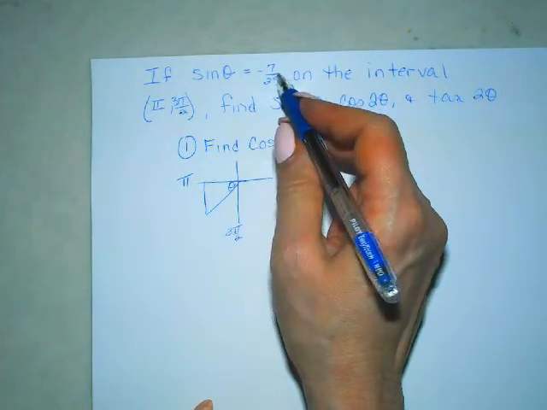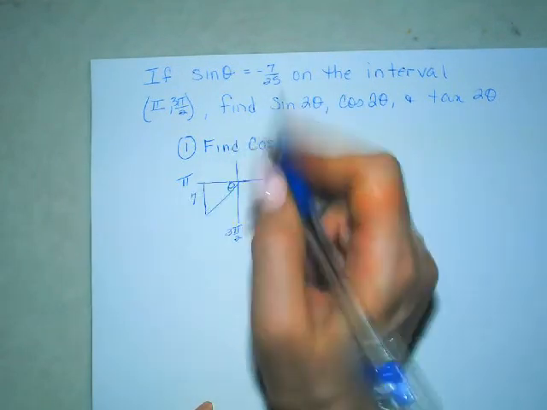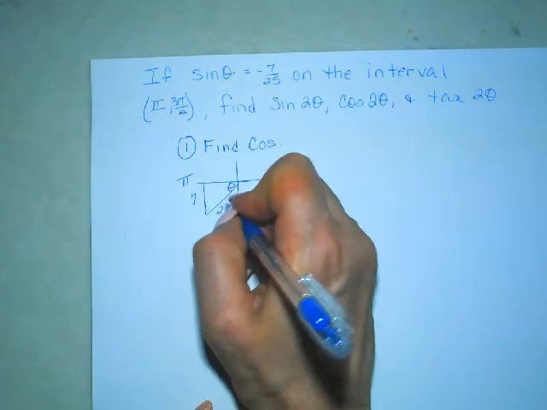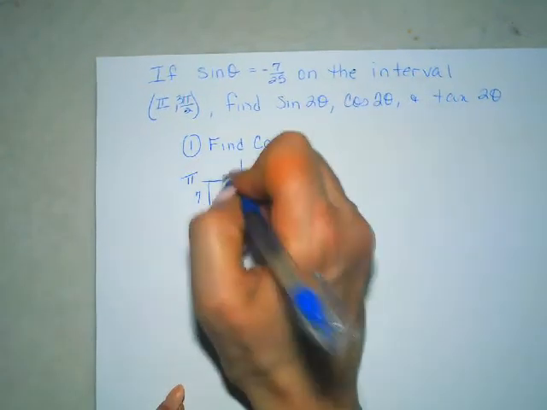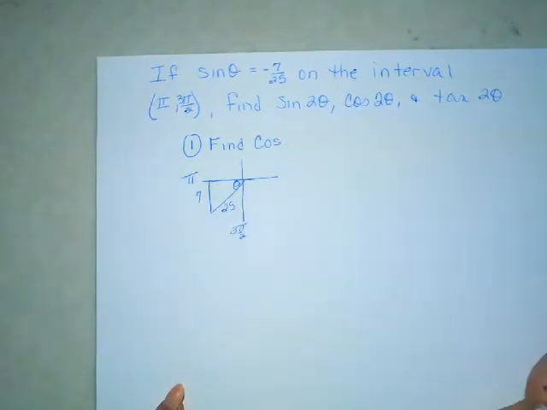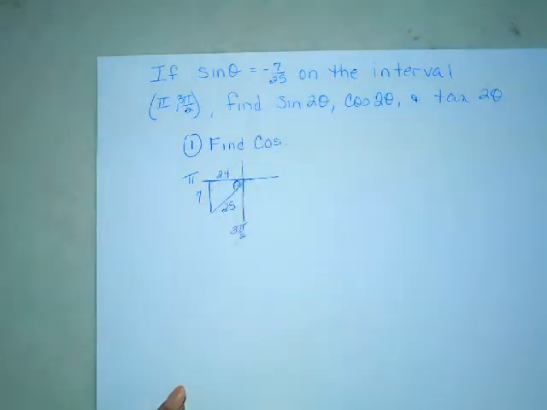If the sine is 7 over 25, if I look at this angle, then what I would have to do is find the side adjacent. Using the Pythagorean theorem, this is 24. So now I know what the sine is, the cosine, and the tangent.